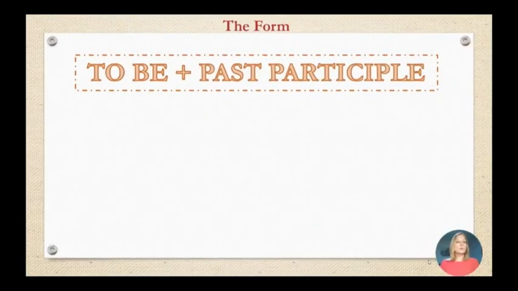First, we are going to talk about the form of the passive sentences. How do we form passive sentences? You already talked about this in your previous lesson, so let's just quickly revise. You learned that we use the verb to be in the tense that we need, and we use past participle.